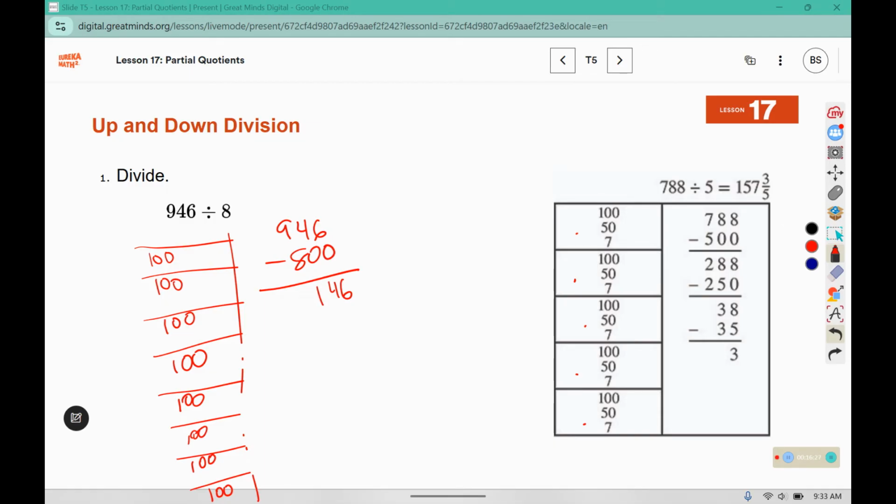146. Now I'm going to split that up into 8 parts again. I know 8 times 1 is 8. 8 times 2 is 16, which is too high for 14. So we're going to give them all 10s.